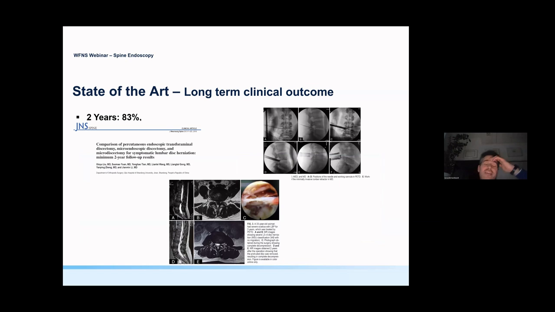If we look at these different techniques and we look at the literature, because we want to treat patients and we do not want to treat patients only for a week or two, we want to try to get a good clinical outcome in the long term, 2 years, 5 years, or maybe 10 years. And there is an older publication that compared transforaminal, microendoscopic, and microsurgical techniques to each other. Here you can see the transforaminal approach.